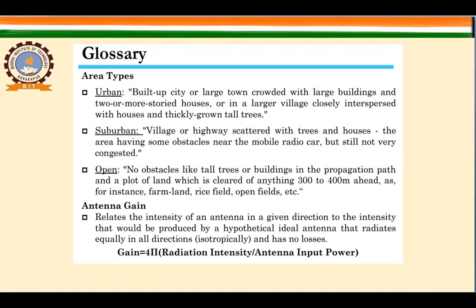The glossary gives you certain meanings which are used in wireless mobile communication in terms of area types. The area is divided into urban area, suburban area, and open area. Urban areas are those areas in wireless communication that are built up like a city, or a large town.